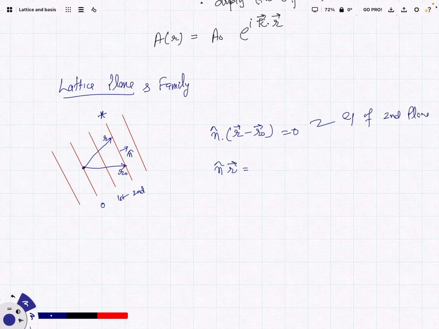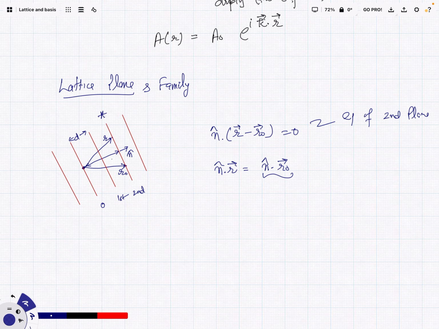For the family. n cap dot r equals n cap dot r naught, right? What is n cap dot r naught? It is the perpendicular distance between this plane and this, right? Let us say that this distance is d, then this has to be n cap dot r naught. This is the r naught vector and this is the n, right?